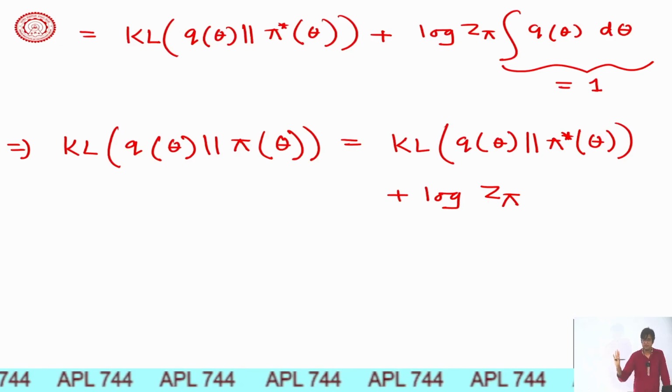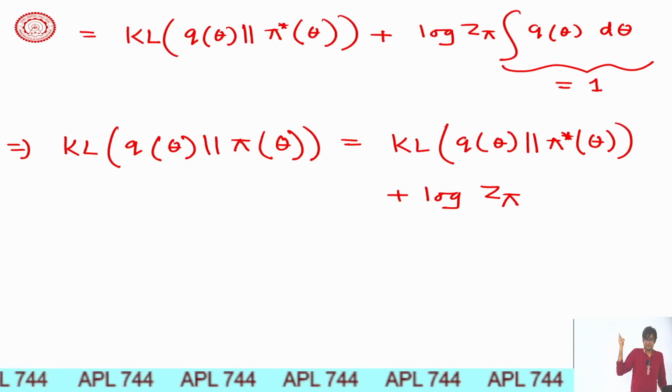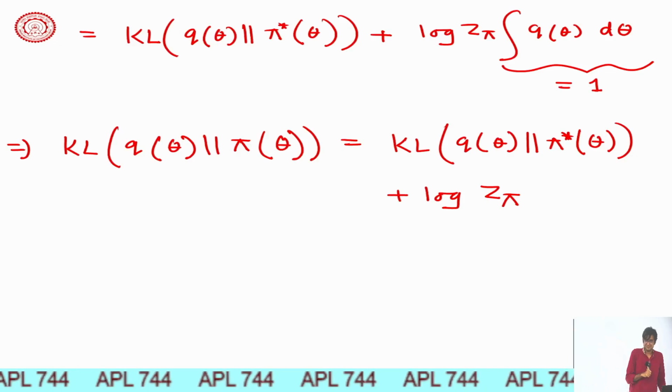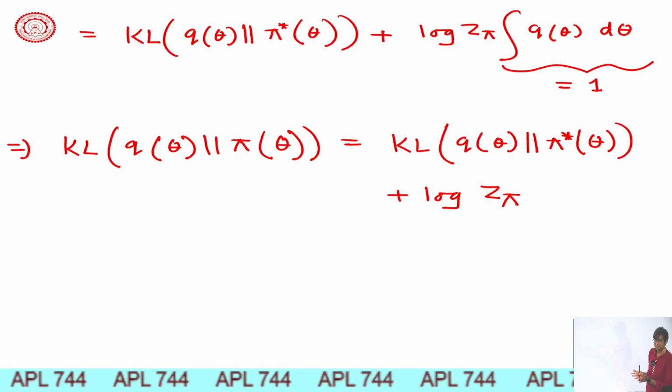Z pi is probability of d. That is evidence, remember that name. Or rather now it is log evidence. So we got this, right.